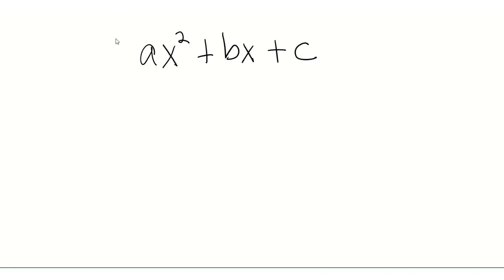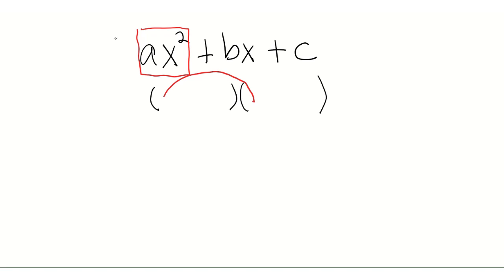If I'm going to factor it, I want to factor it into a binomial where I have x plus a constant in both of those boxes. And the way that I'm going to do that is I want this first to be here and here.